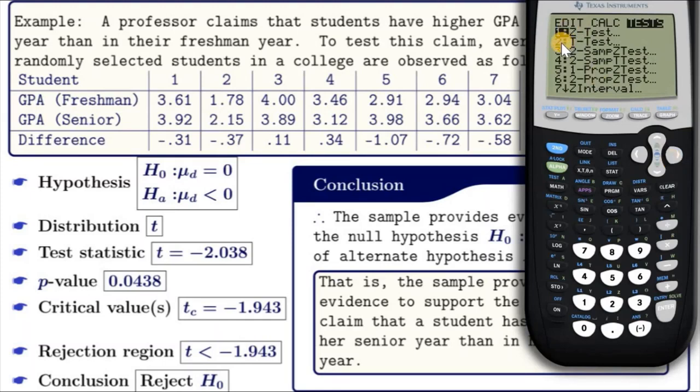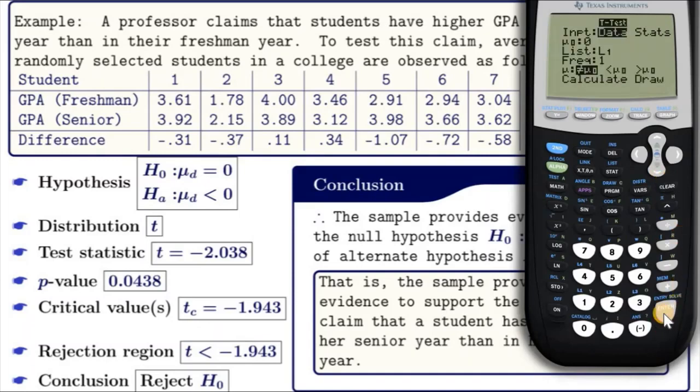Then here we'll be selecting t-test, which is number 2, then hit enter. Since here we have real data, so select data, then hit enter. Then come down to list. Our list should be list 1 because that's where we just entered our data. And then frequency should be 1.